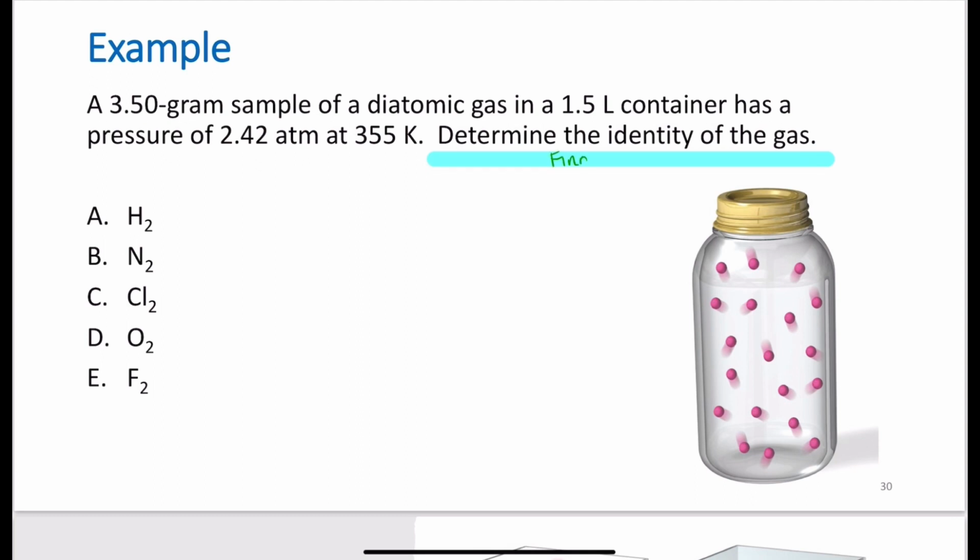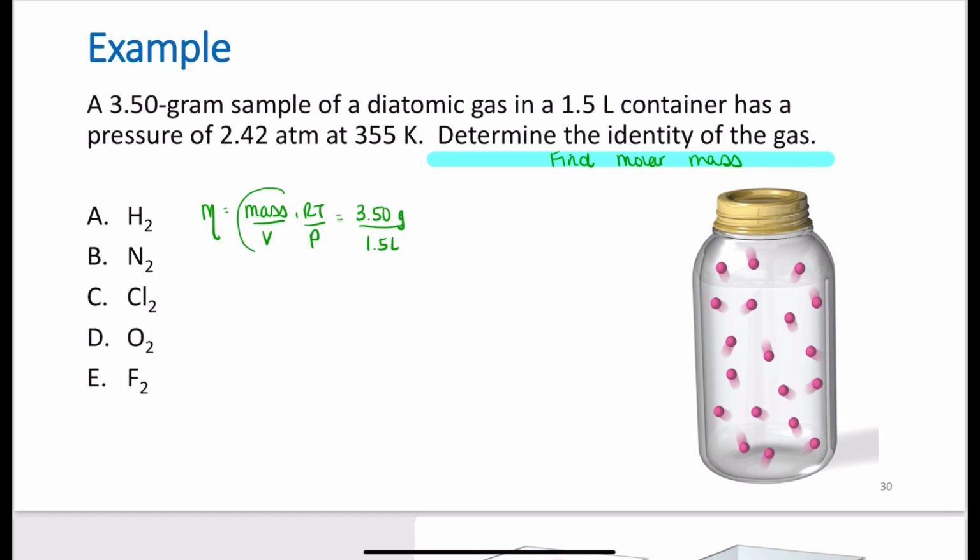So best thing to determine the identity of the gas is find molar mass. I know the molar mass is equal to mass over volume times RT over P. It tells me I have a 3.50 gram sample in a 1.5 liter container.